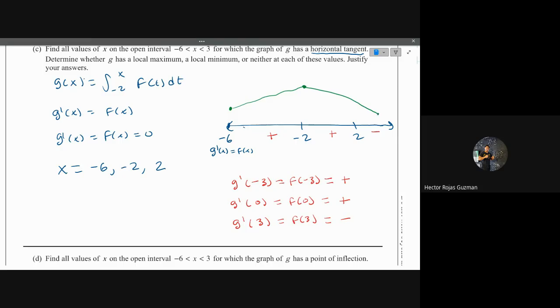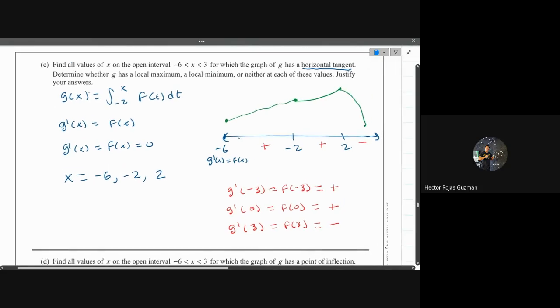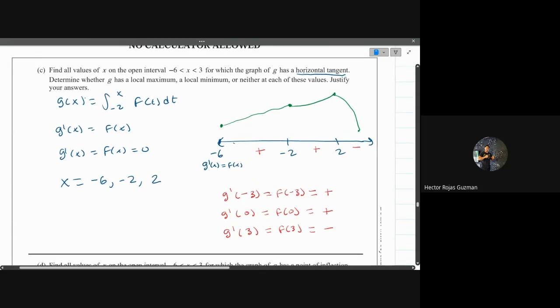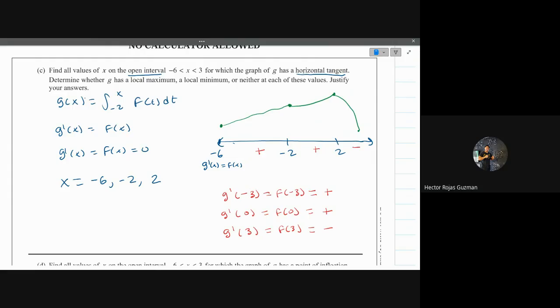Oh, no, it was still increasing. So it says that we're supposed to find the values of x on the open interval from -6 to 3. The open interval. So technically, that means -6 doesn't qualify as a minimum. So we're just focused on -2 and 2.